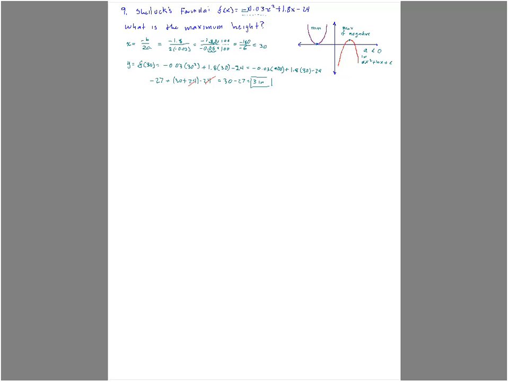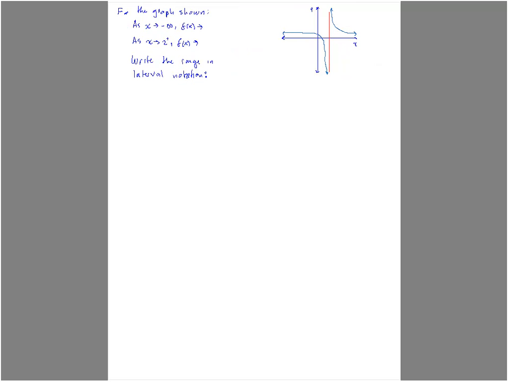Okay, so let's move on to the next one here. For the graph shown, which you may recognize as some form of a rational function, as x approaches, so it's asking us to write out the behavior of the function at these limits, right?